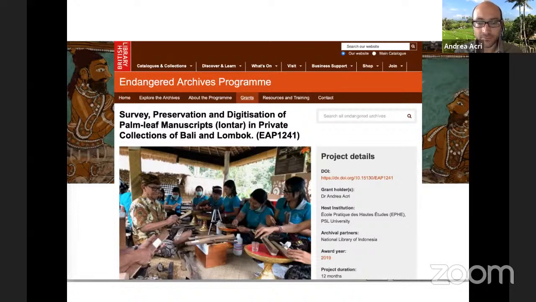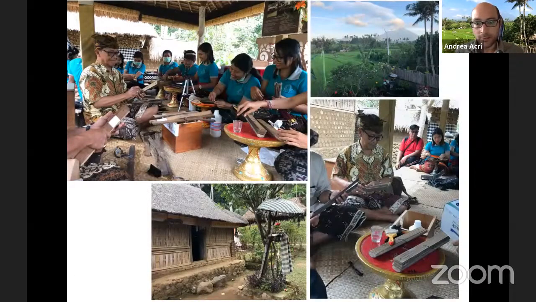It is focusing on the Balinese palm leaf manuscripts, especially of a collection of a private museum, a newly established museum in eastern Bali. So this is, yes, the place, the museum, very nice, and the team. They are very skilled in preserving these objects.